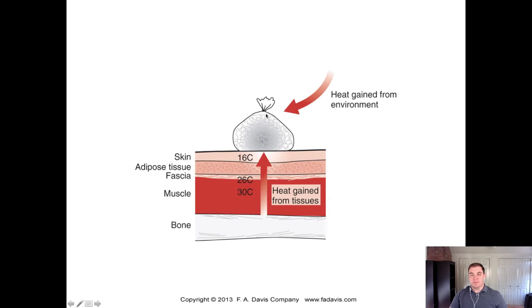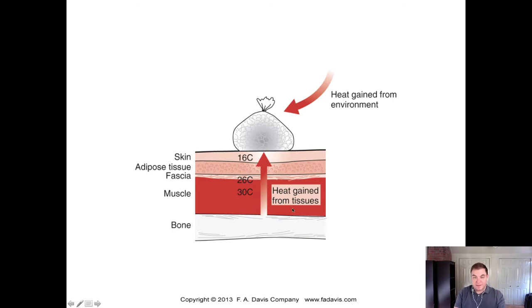So this is a picture. This is an ice pack, right? Placed on the skin, and it's at some degrees Celsius. Your skin, your adipose tissue, your thin layer of fascia, and then your muscle, then bone. So the ice pack is gaining heat from the environment, the athletic training facility, or if you're outside at football practice, obviously it's getting heat from wherever the environment is.